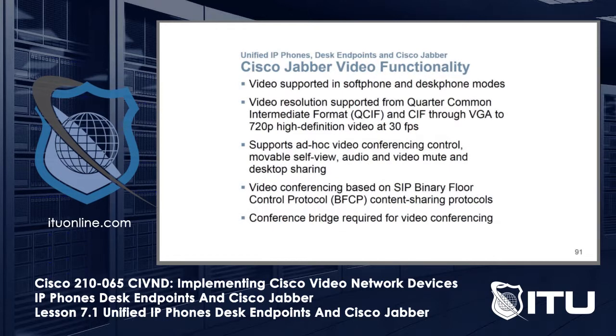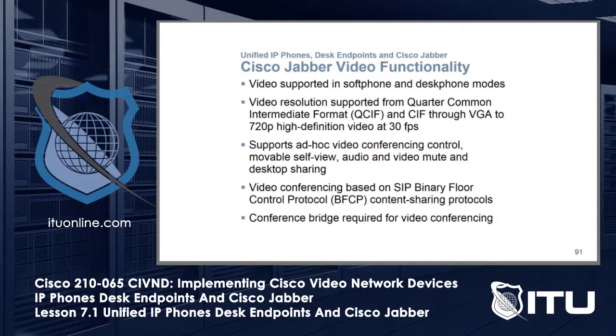The video functionality of Jabber is pretty robust. It's not quite as robust as, say, a DX650 at full 1080p, but it does give us 720p high definition performance at 30 frames per second. It does support the video functionality in both the soft phone and desk phone modes, even if we're connecting to a desk phone that doesn't have video capabilities.